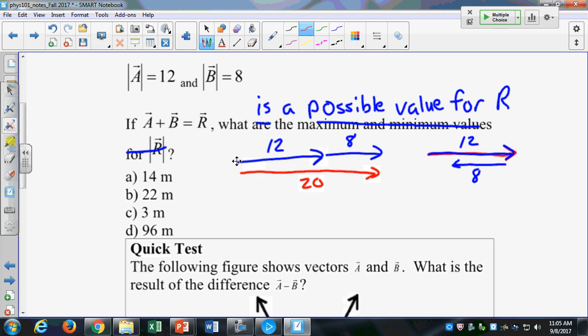And then if I want to think about, well, what is my resultant vector? It's going to start here at the tail of the first vector and go to the tip of the second vector, and that's going to be 4 units long. And so the answer is going to be somewhere between 4 and 20, which the only answer there is 14.